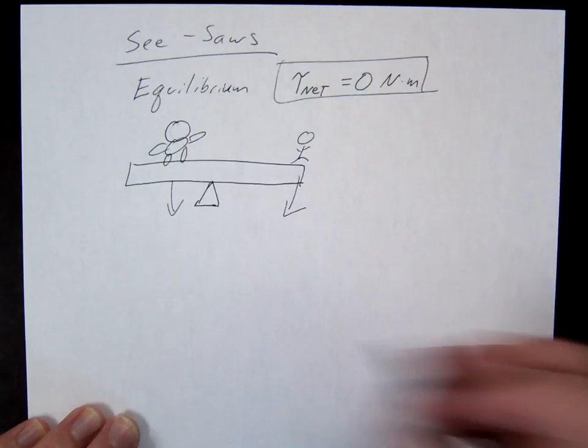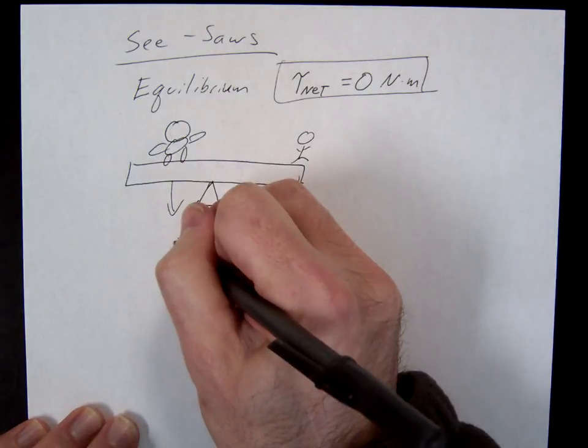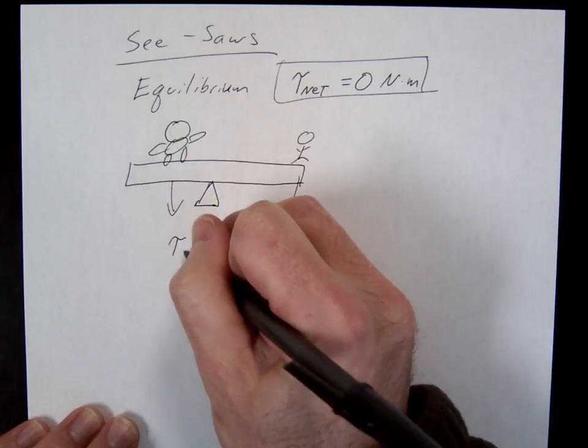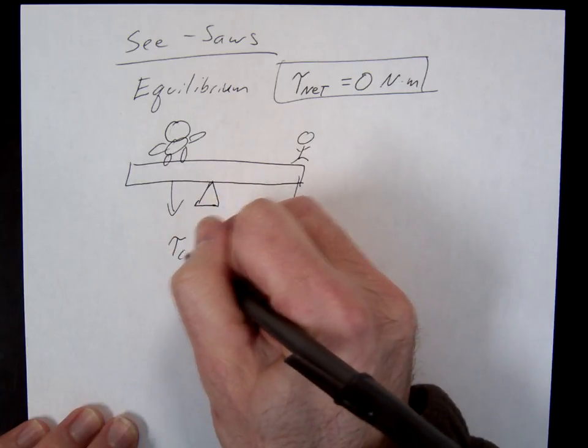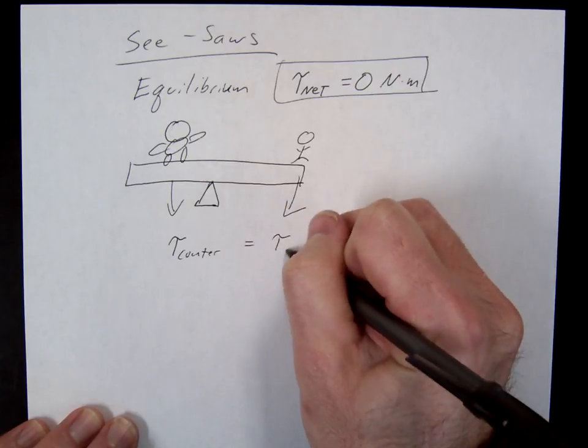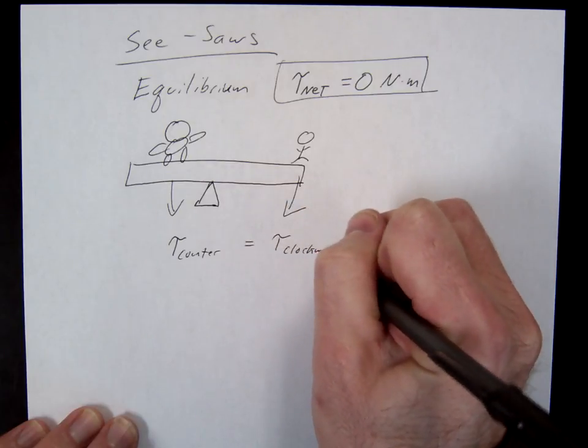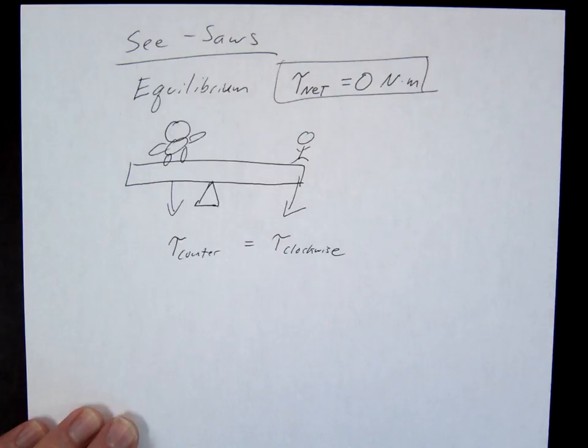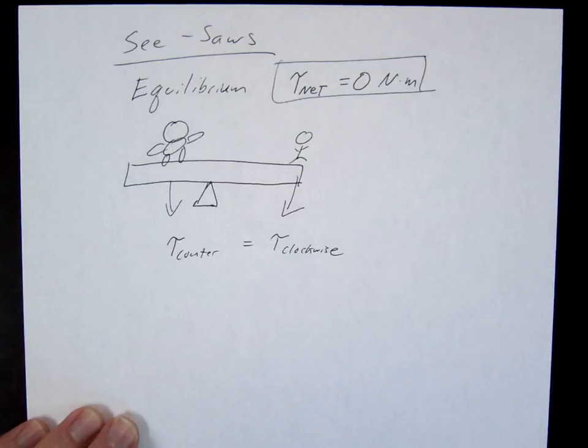We want those two torques to be equal. So another way you could write equilibrium is torque counterclockwise should balance out with torque clockwise. So this would also be an equilibrium, right? Because if you add these up, they should add up to 0.